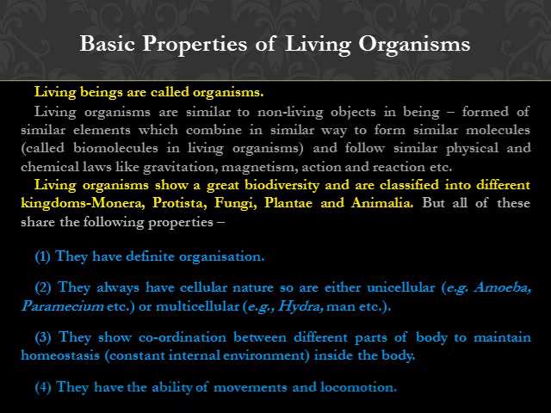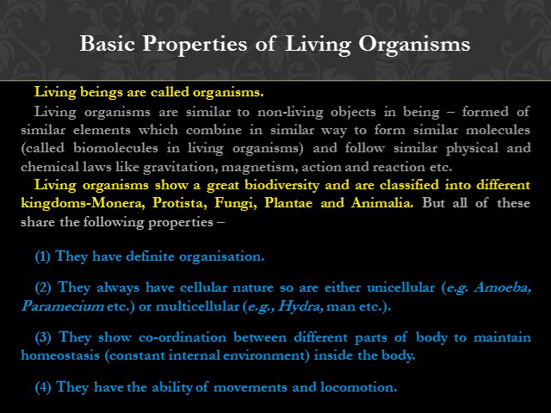And the fourth characteristic is that they have the ability of movement and locomotion, which is one of the most important characteristic features of living organisms. Movement makes living organisms very special in order to respond to their environment.